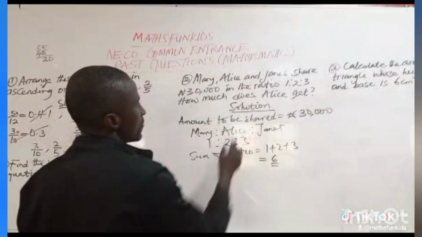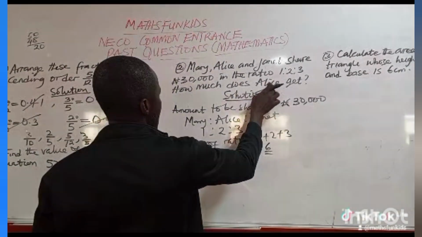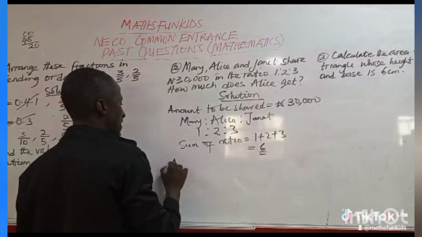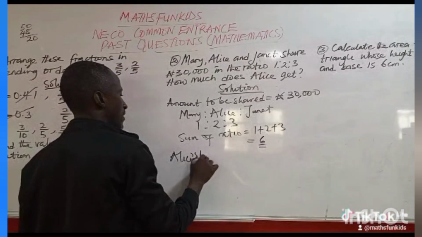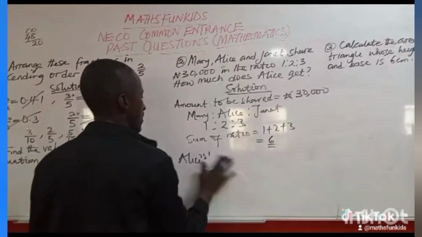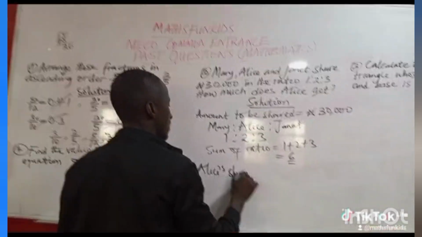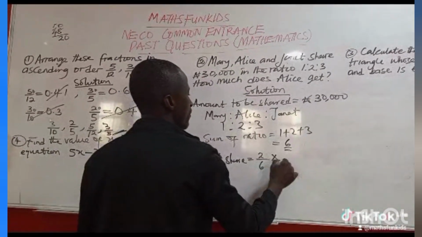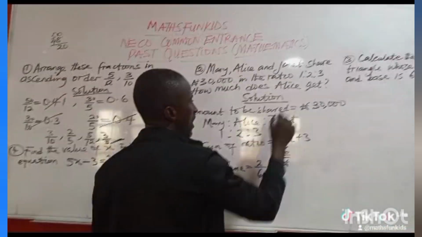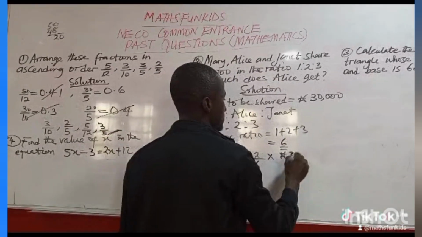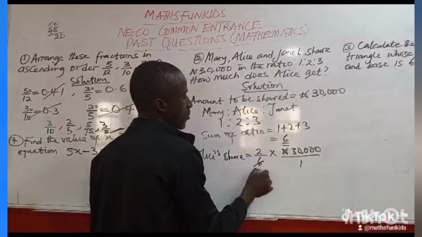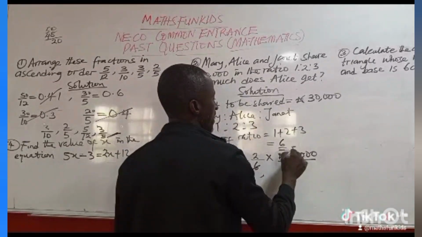So we are looking for the amount that Alex will collect, and Alex is 2. So Alex here is equal to 2/6 multiplied by the amount to be shared, which is 30,000 naira over 1. 6 goes there 1, 6 goes in 30 is 5.